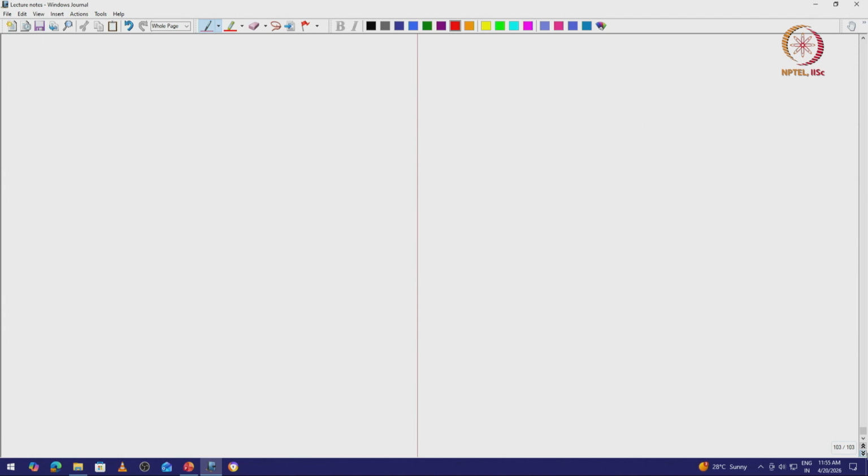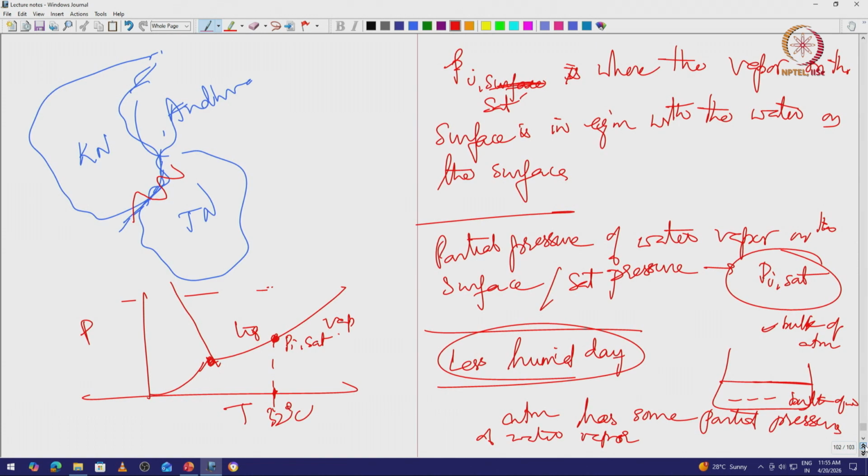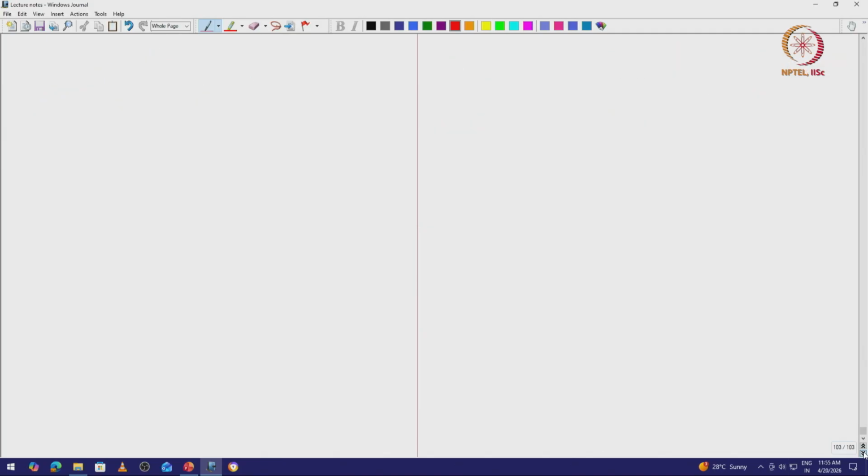Let us call that Pi. Very simply, the partial pressure of water vapor here should be P sat, where the liquid droplet is in equilibrium with the water vapor.